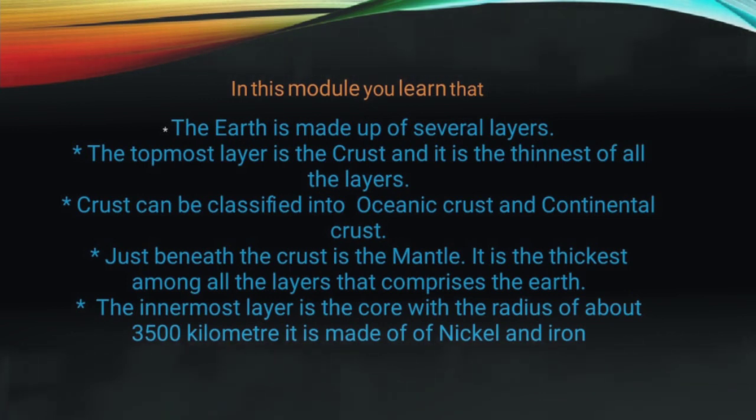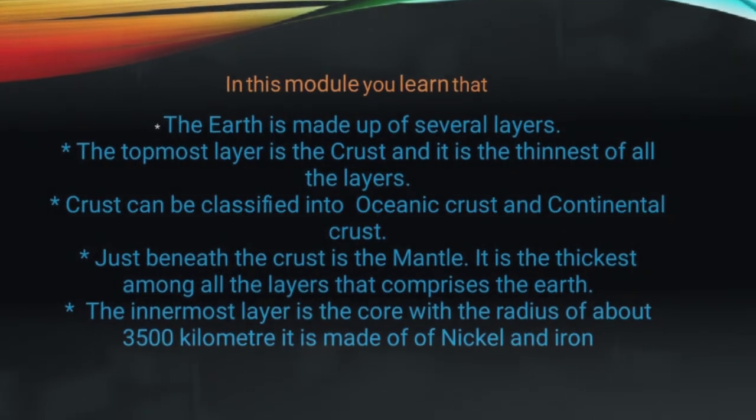The oceanic crust is known as Sima and continental crust is known as Sial. Just below the crust is the highly viscous layer called the mantle, and it is the thickest among all the layers that comprise the earth. The innermost layer is the core with a radius of about 3500 km.